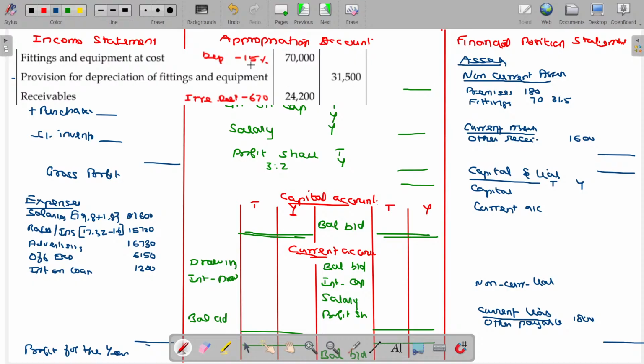And now you have to create another 15% on 70,000 rupees. If we calculate 15% on this 70,000, that value being 10,500 should be subtracted from the fittings and it will be an expense. So I post that here. Depreciation on fittings, this value being 10,500.